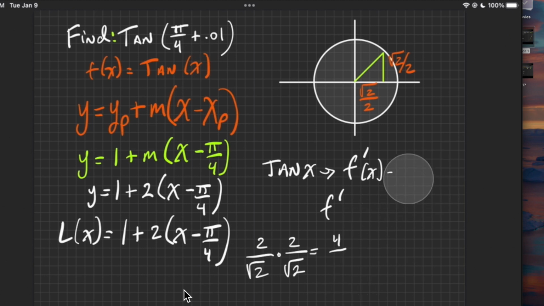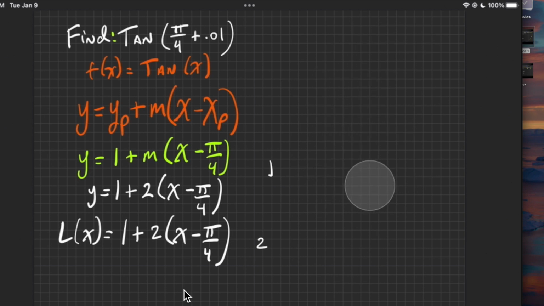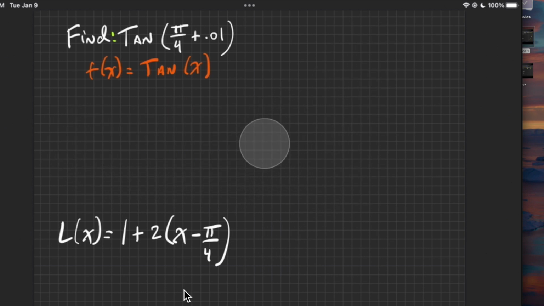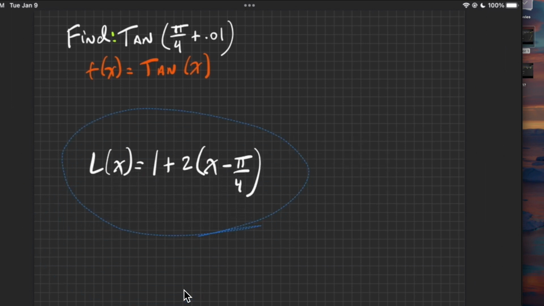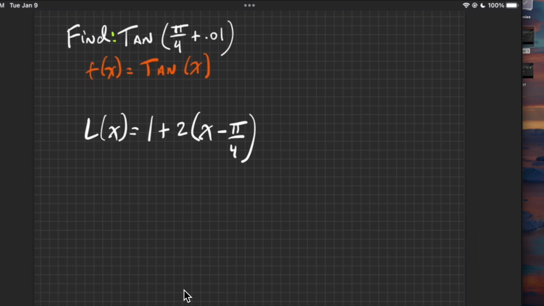So let's go ahead and make some room, and proceed to plug in an x value here. This difficult x value is now being placed into our linear function. That's the idea, to use the easier function, which is linear.